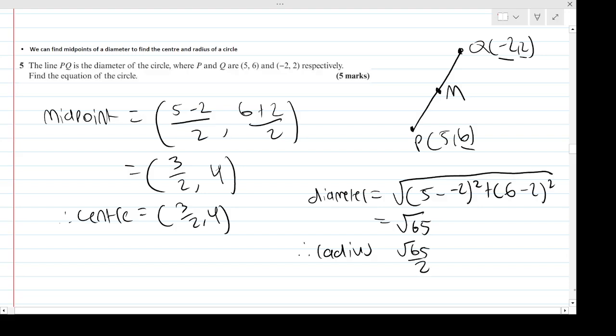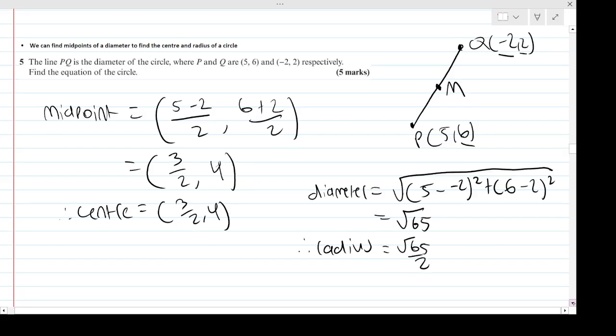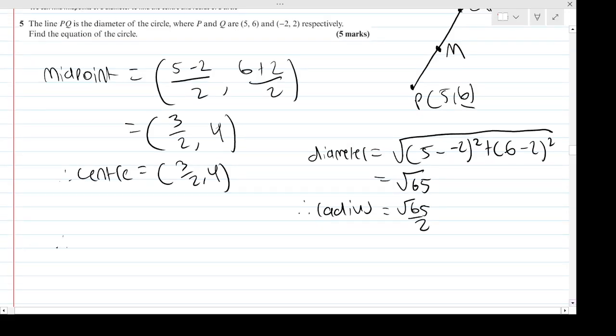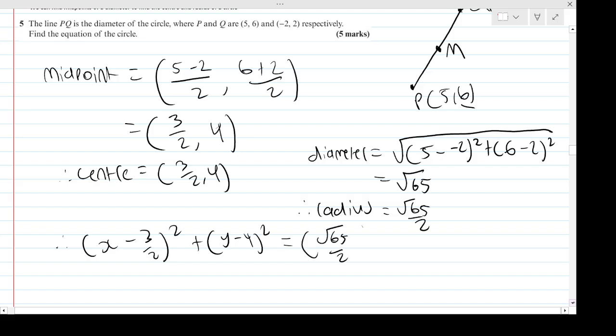Therefore, the equation is going to be (x minus 3/2) all squared, then add (y minus 4) all squared, because positive 4 means we do minus 4 in the equation. That equals radius squared, so root 65 over 2, all squared.